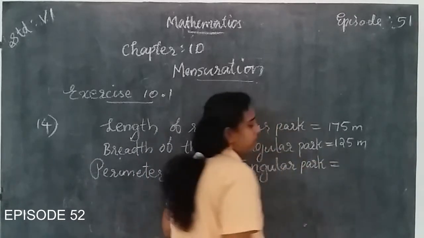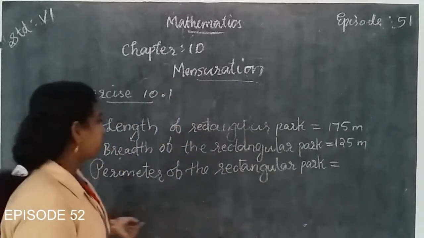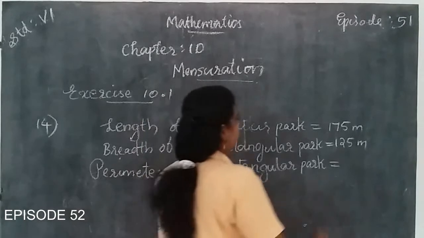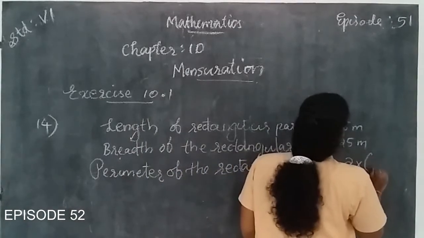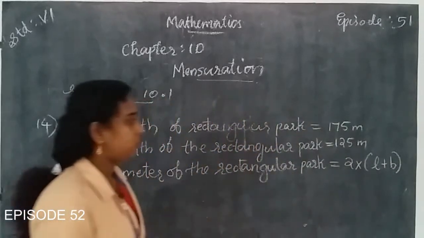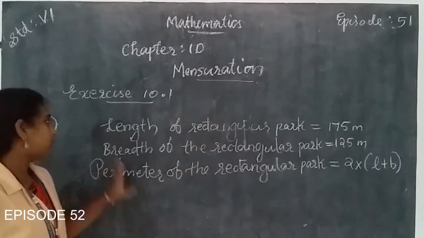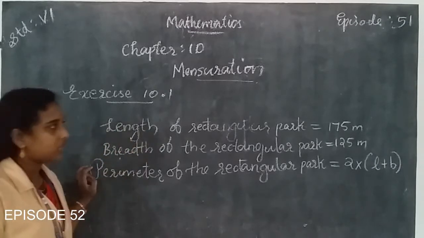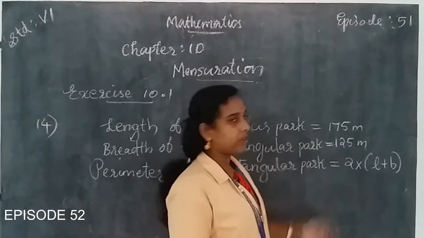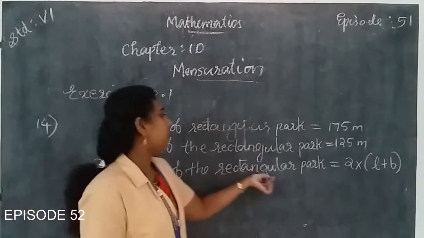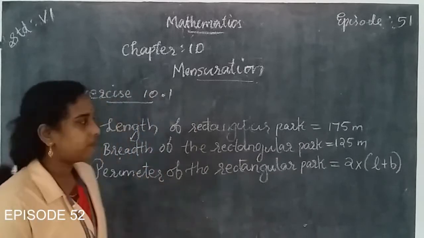How to find the perimeter of the rectangular park? The equation will be 2 into length plus breadth. So first we write the steps: length of the rectangular park is equal to 175 meter, and breadth of the rectangular park is equal to 125 meter.